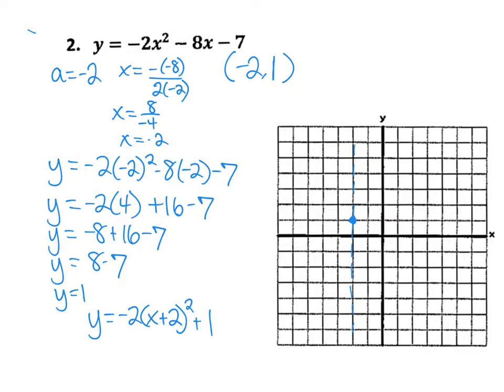What number would you like to plug in for x? 0. I'm going to do it in purple. Plug in 0 into x. So I've got -2 times 2 squared plus 1. -2 times 4. 2 squared is 4. Plus 1.